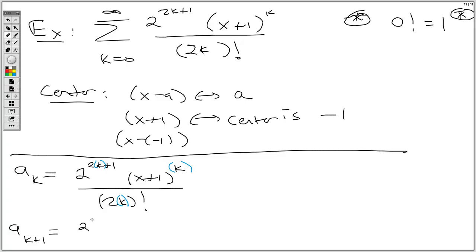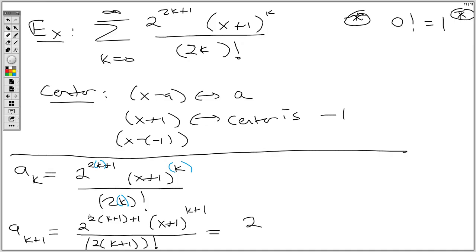So this would be 2 to the 2 times the quantity k plus 1 plus 1, times x plus 1 to the quantity k plus 1, over 2 times the quantity k plus 1 factorial. When you distribute, you get 2 to the 2k plus 3 times x plus 1 to the k plus 1 over 2k plus 2 factorial.